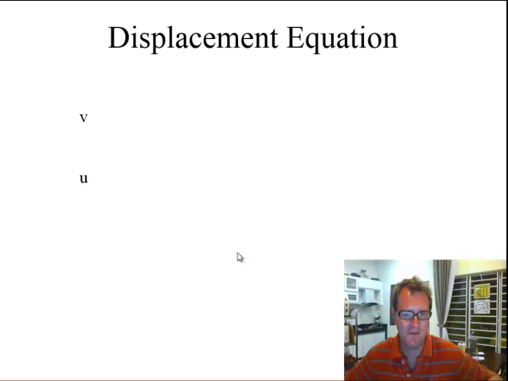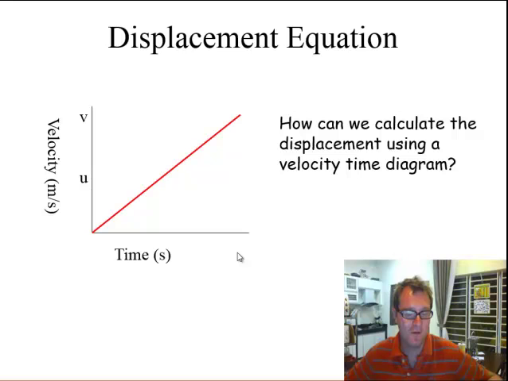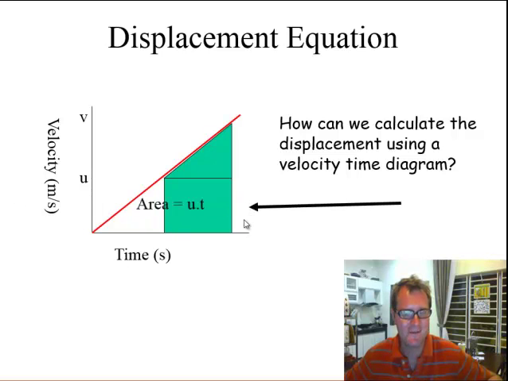Now what I'm going to do is have the displacement equation. Here we think about how can we calculate displacement using the velocity time diagram. Well, what I'd do is I'd work out the area underneath the graph. So in this case what I'd have to do is first of all work out the area of the rectangular shape.